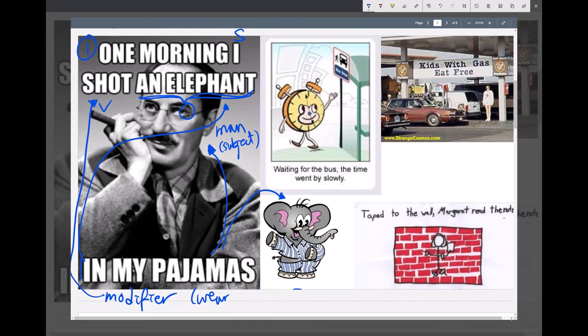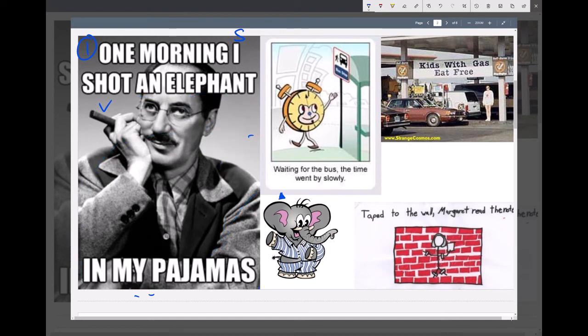With number 2, you see there's a clock in the picture, and the sentence reads, "Waiting for the bus, the time went by slowly." Here, the time can mean time, like 1 o'clock, 2 o'clock, 3 o'clock, 1 year, 2 years, or here it is talking about something that measures time, or in this case, the clock. If we just read the sentence, "the time went by slowly," you could interpret it 2 ways.